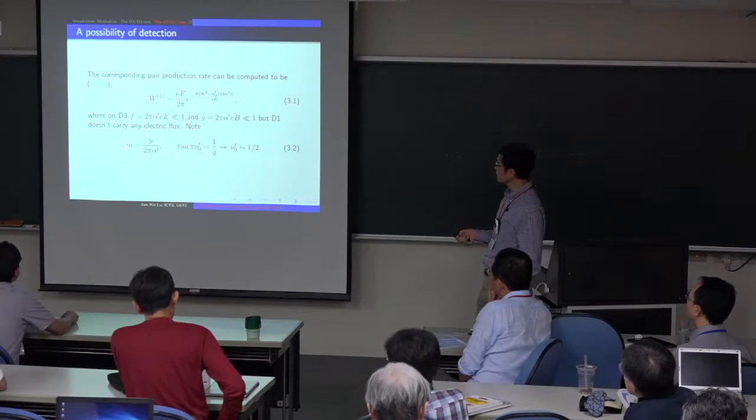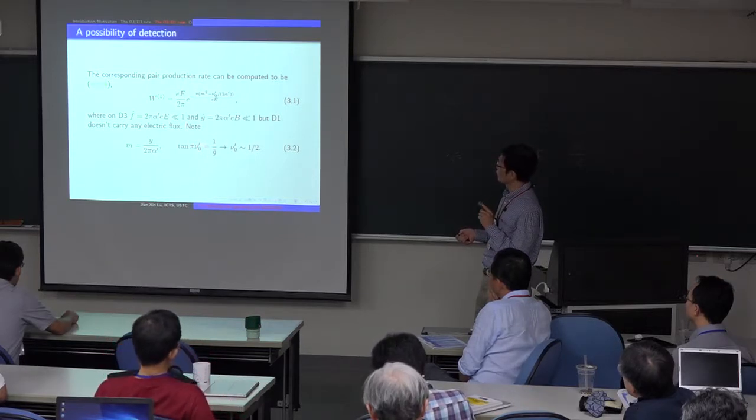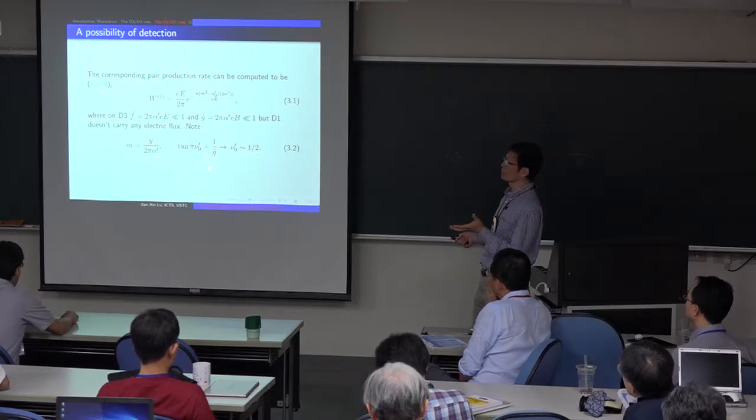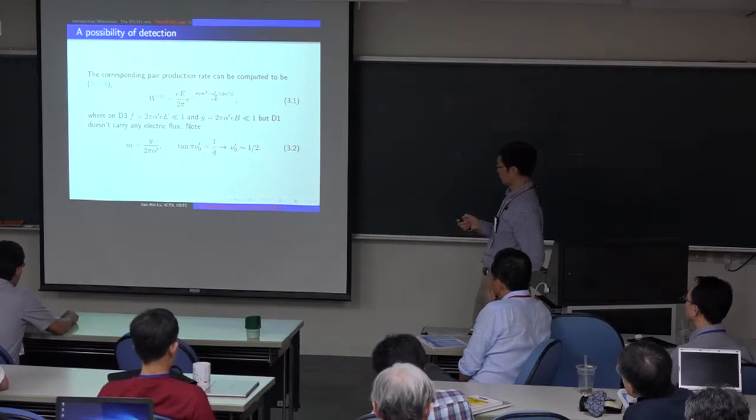So the mass here is still the same as before, but the magnetic parameter nu_0 prime is given by this. Since the g is much less than 1, we can set it equal to 0. If it's 0, nu prime is precisely a half. But for a small one, this should be around a half.